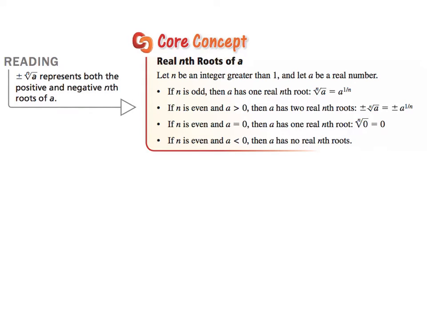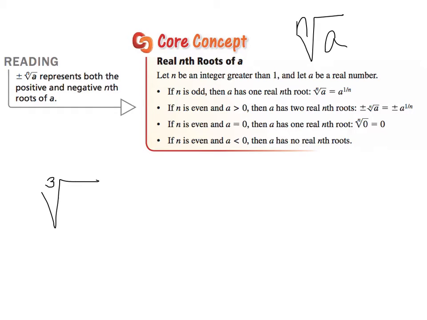The nth roots of a, so that means the nth root of a. So we're going to make sure n is an integer greater than 1 and a is a real number. So let's do all 4 of these cases, and I'm going to do examples underneath to help you out. So let n be an integer greater than 1, let a be a real number. So if n is odd, a has one real nth root.